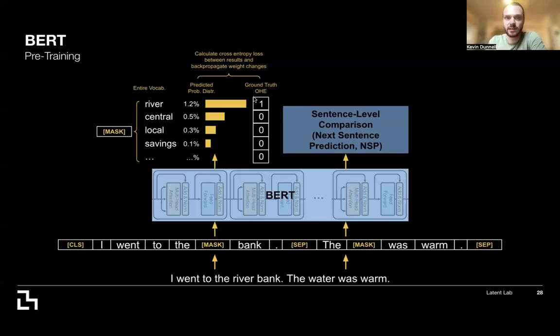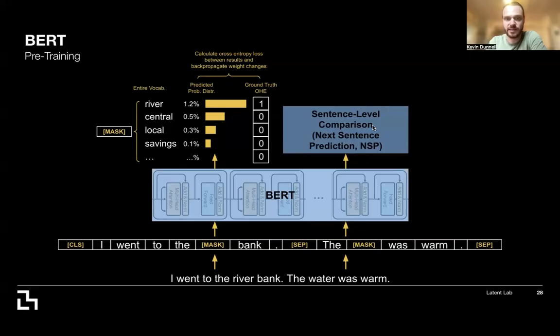We calculate the cross entropy loss between these results and backpropagate the error through to the weights within the network. We'll get into the details of what those weights are as we start to open up the box of BERT, but we're just looking at the pre-training phase now. The same would happen for water here, and this would also happen to the other masked tokens.